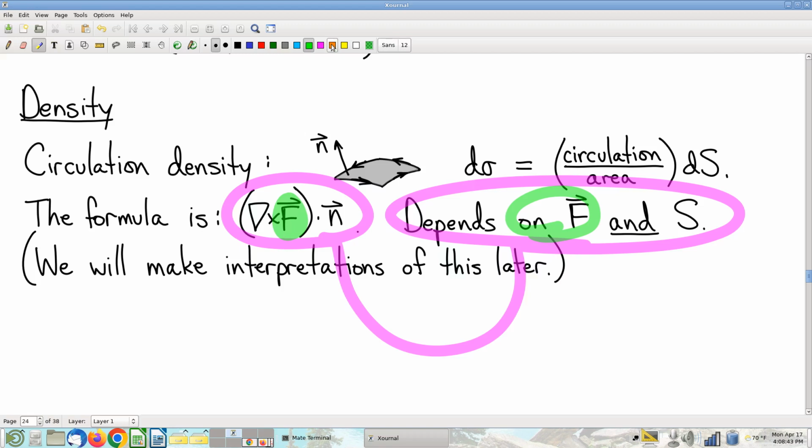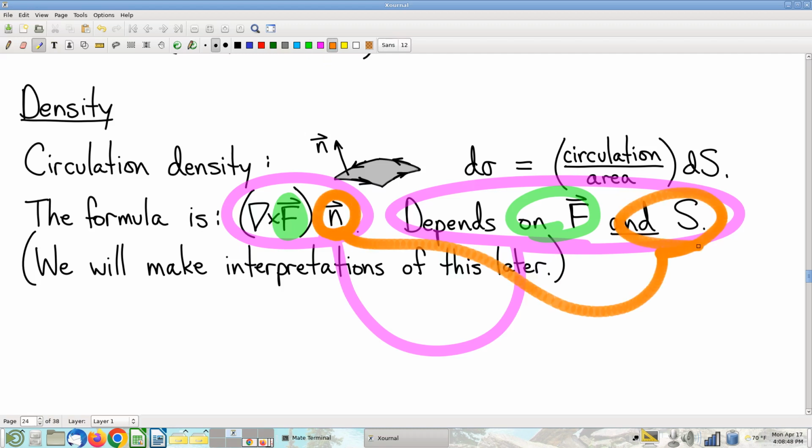The weird part here is that it also seems to depend on the surface, because after all, it's the surface and how the surface sits in space. You look at my hand here being a little piece of surface. This normal vector is what describes how my piece of surface is oriented in space. So that's a little weird. Flux density does not depend in any way on the surface or orientation. It's purely a function of the vector field.